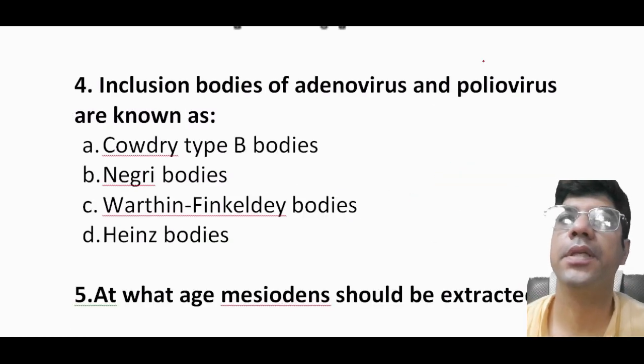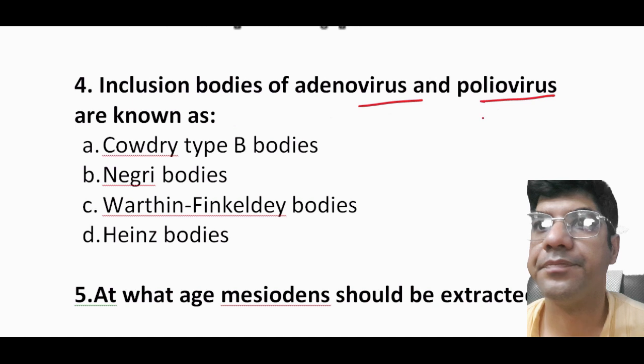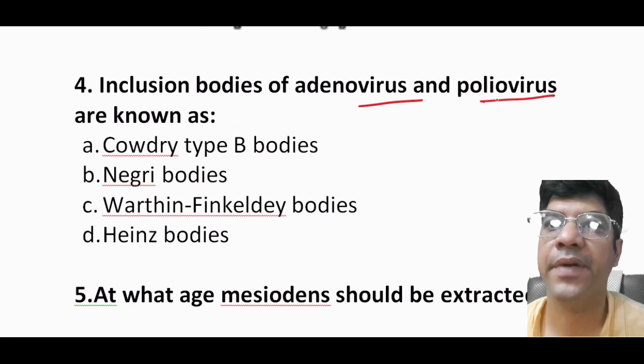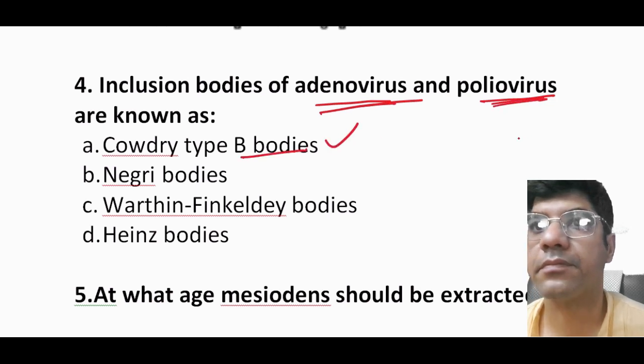Coming to the next question, the inclusion bodies of adenovirus and poliovirus are known as, well, the inclusion bodies are the intracellular structures that are formed by certain viruses. The inclusion bodies of adenovirus and poliovirus are known as Cowdry type B bodies.